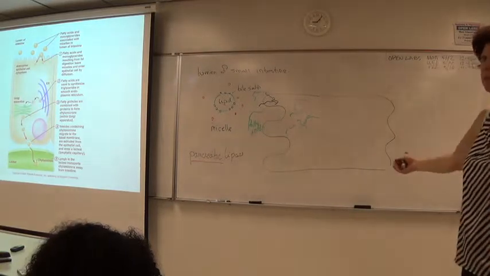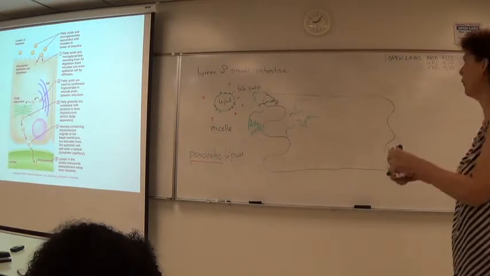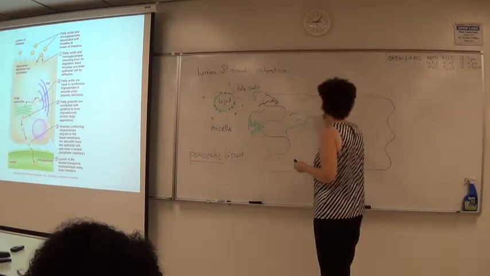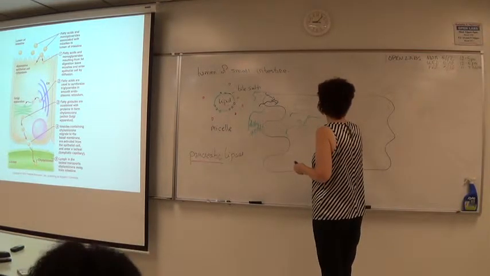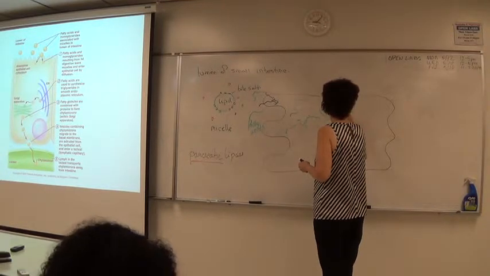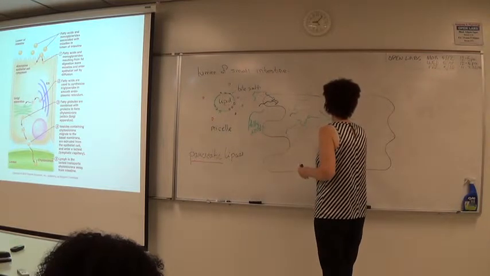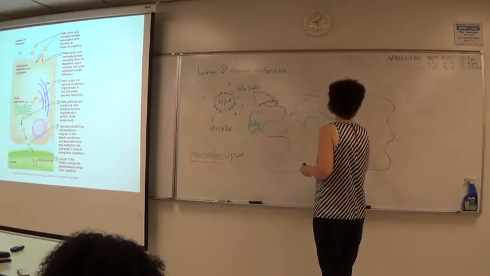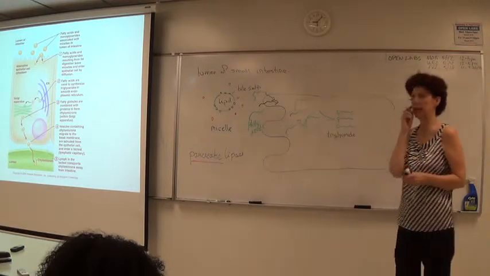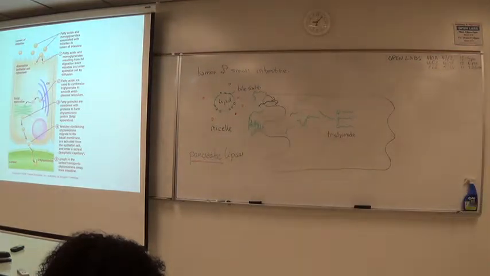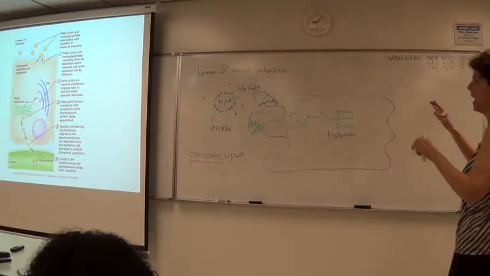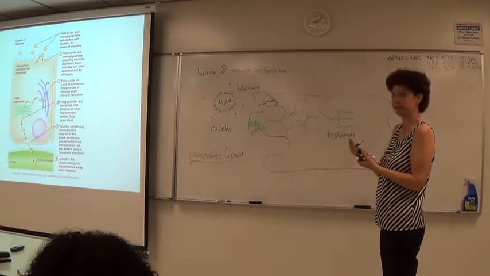And they come back together again. So they reform triglycerides after going through that whole process. They go back to a triglyceride. And triglycerides, remember, fats are not going to be soluble in the water of our plasma or even our extracellular fluid. So for transport, they are coated with proteins.